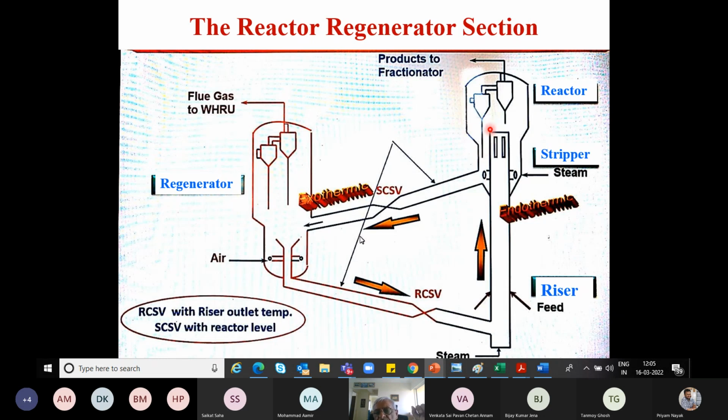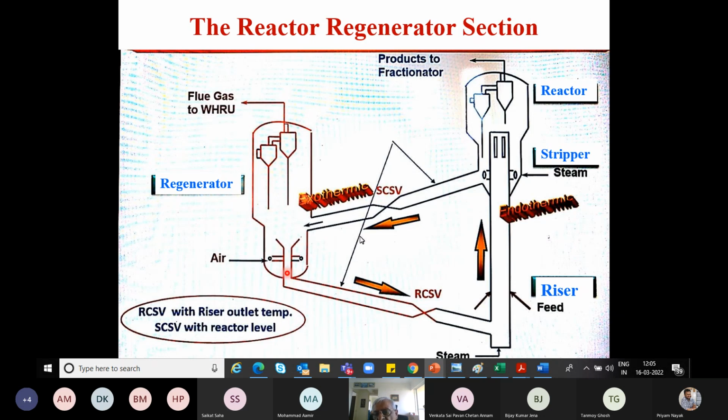So basically, the reactor and the regenerator are completely heat balanced. If you require something like 100 million kilocalories per hour of endothermic heat, that is exactly the same as 100 million kilocalories per hour of exotherm, which is generated in the regenerator.